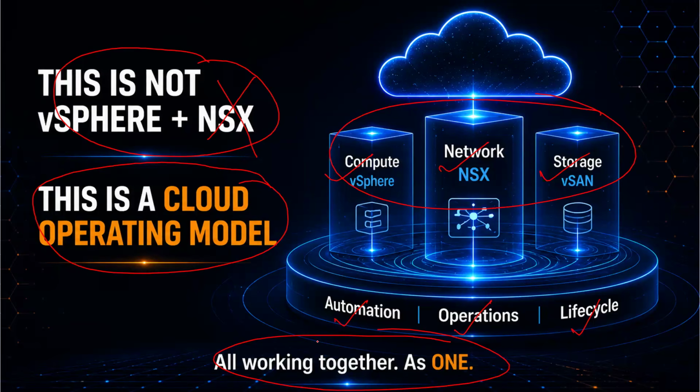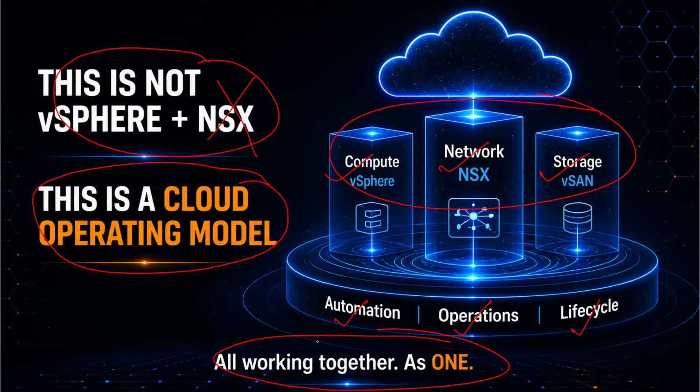I keep repeating one thing again and again, that VMware Cloud Foundation provides you a consistent operational model. And this consistency becomes extremely important when enterprises scale globally across multiple environments.